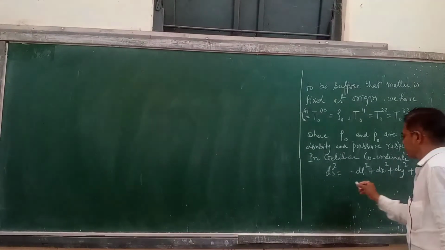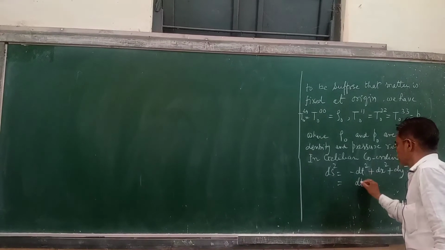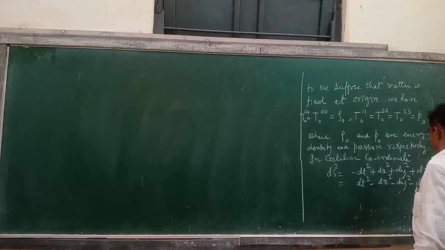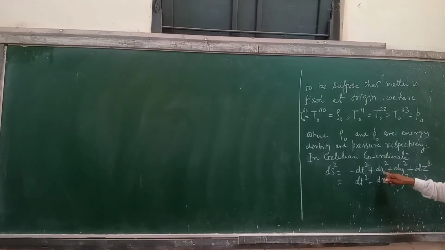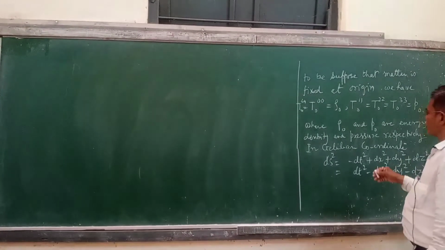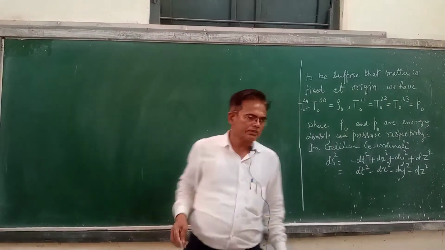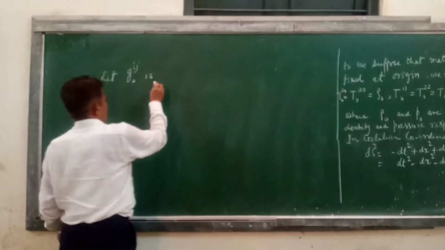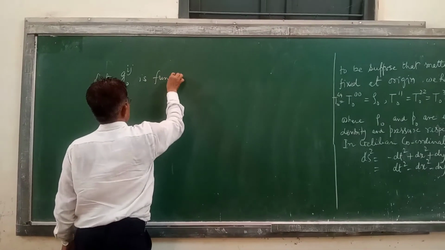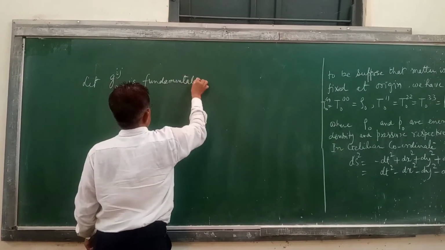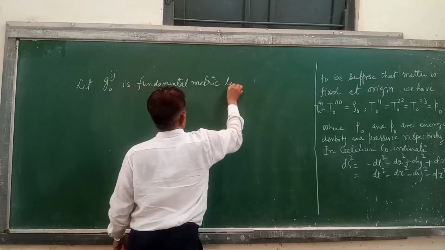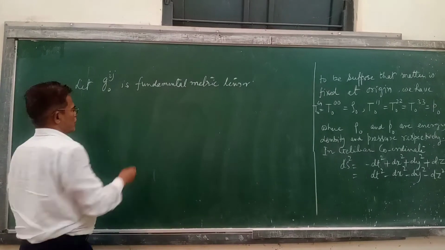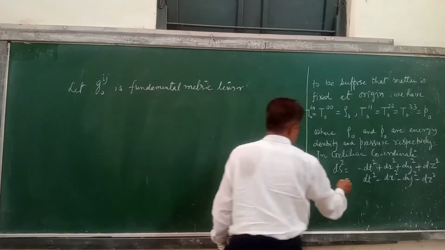This can also be written as either this or dt square minus dx square minus dy square minus dz square. Let g0 be the fundamental metric tensor in the Galilean coordinate system, where we denote 0.